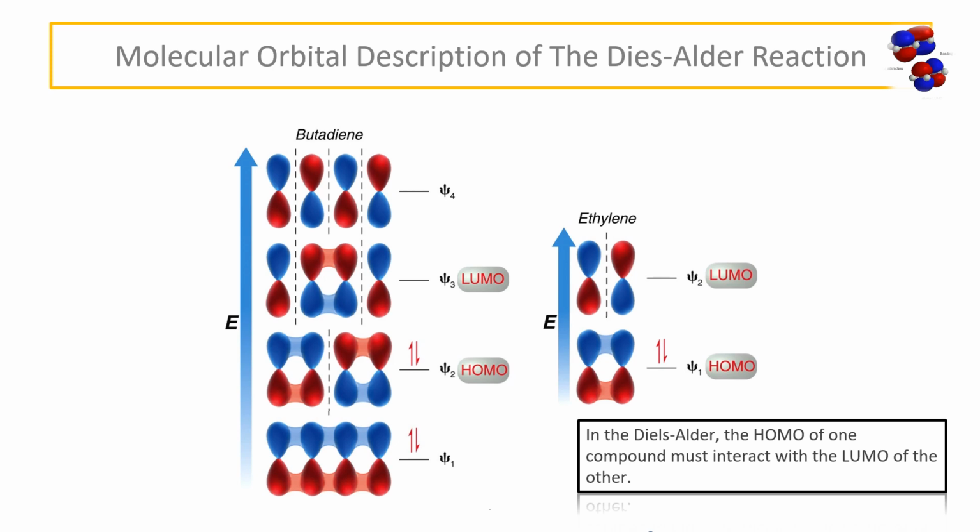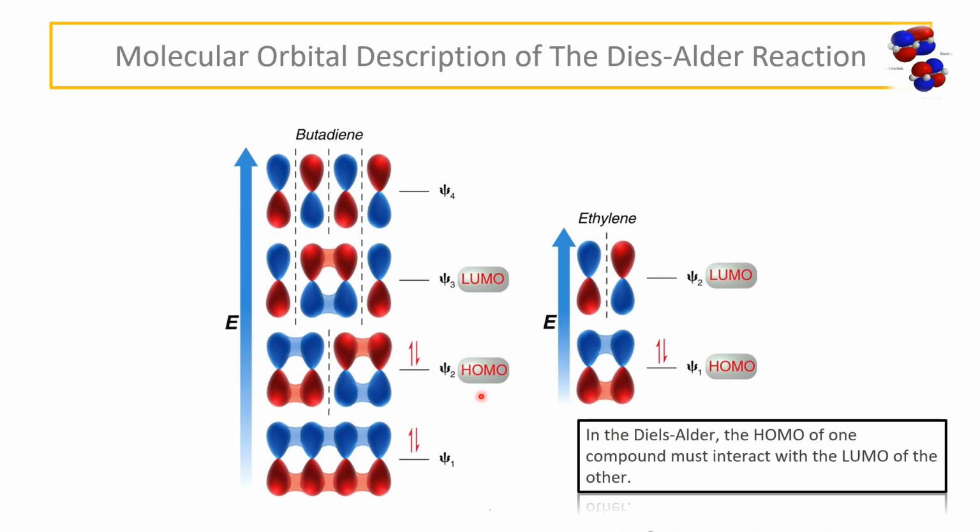On the left, notice that we have the molecular orbitals of 1,3-butadiene. And on the right, we have the molecular orbitals of ethene. Now, in a cycloaddition, namely this Diels-Alder, you realize that the highest occupied molecular orbital is Psi2.